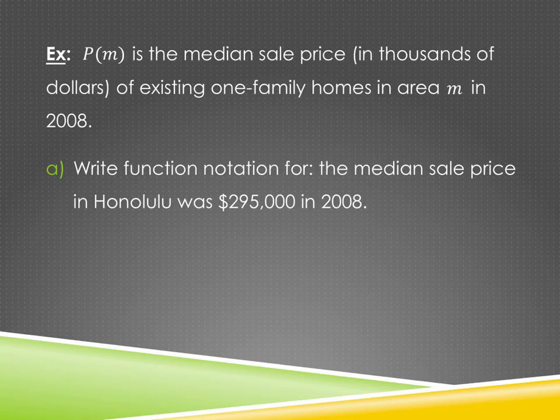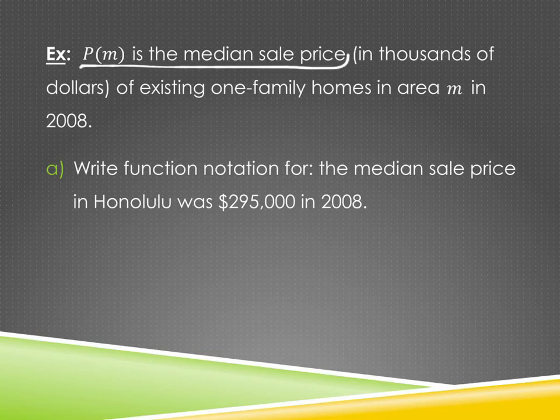So this is an example of a verbally described situation. It says P of M is the median sale price in thousands of dollars of existing one-family homes in an area M in 2008. Okay? So notice what they said.